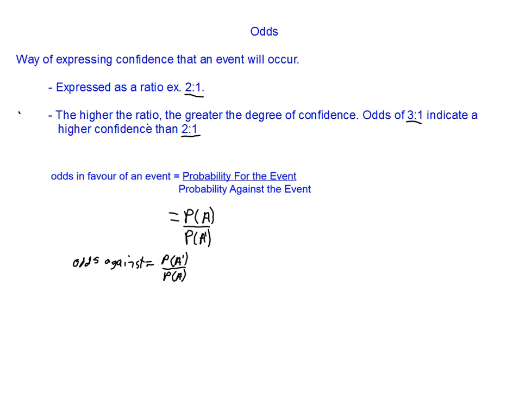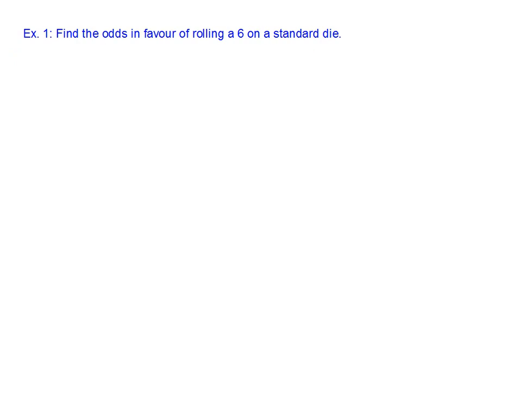Let's look at an example. So here we have a question that asks about finding the odds in favor of rolling a 6 on a standard die. So the possible outcomes on a standard die are the numbers from 1 to 6. And we're asked to find the odds in favor of getting a 6.